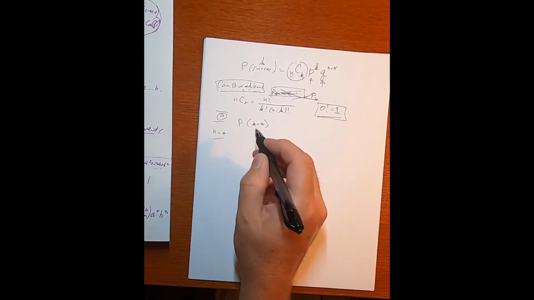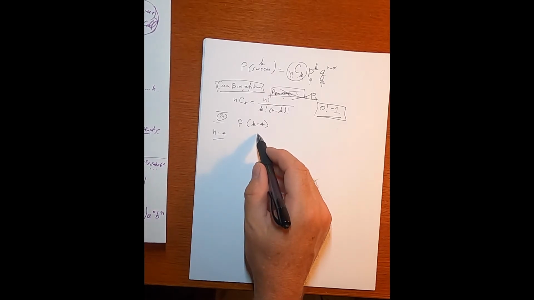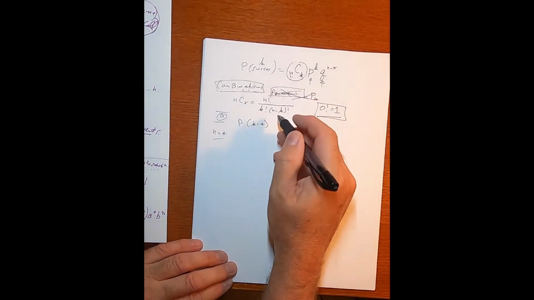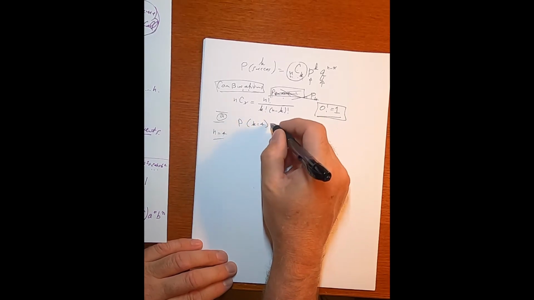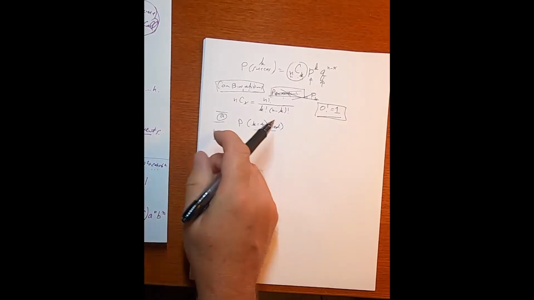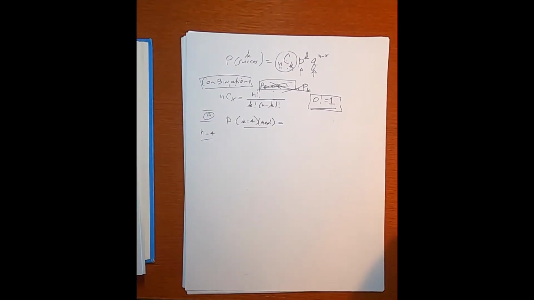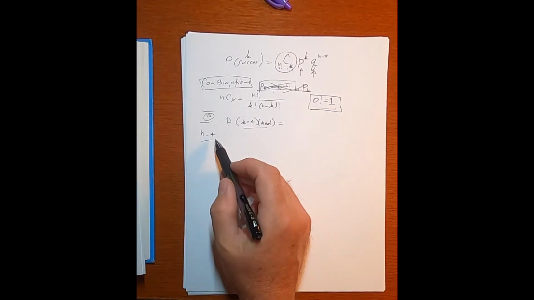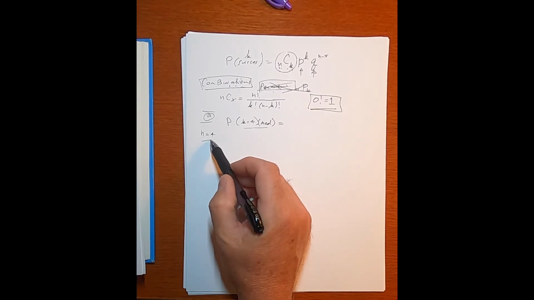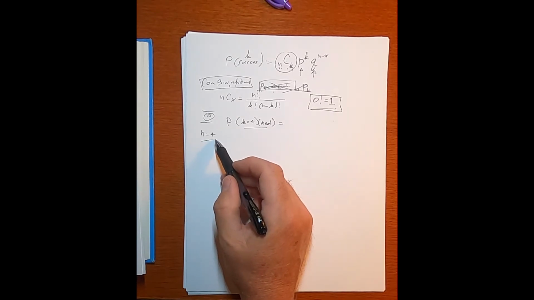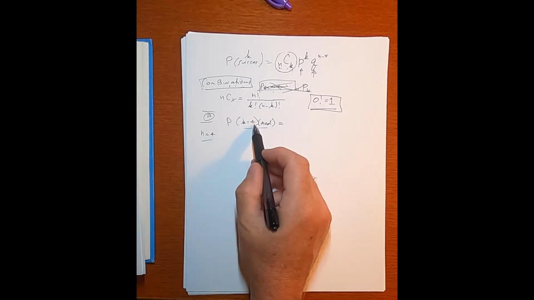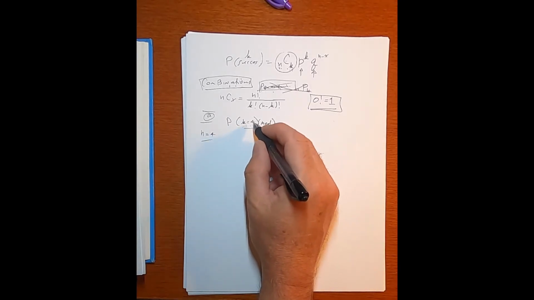So n is 4. What did we define as successes? Successes are when we have a medical call, because all 4 calls are for medical help. We're doing 4 trials, which means there's 4 phone calls. We want to get 4 successes, which is a call for medical help. Each success would be 1 call for medical help.